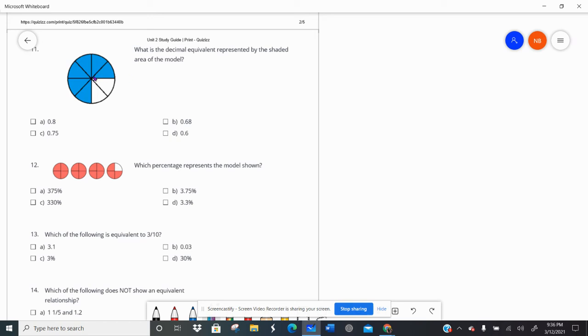All right, let's look at this one. This one I'm going to show you in a different way. So, okay, it has 8 pieces. If I go straight across and cut it in half, and straight down and cut it in half, I can create kind of like those 4 sections. And if I look here, I have 3 out of 4 that are shaded. 3 out of 4, which is the same as what the model shows, 6 out of 8.